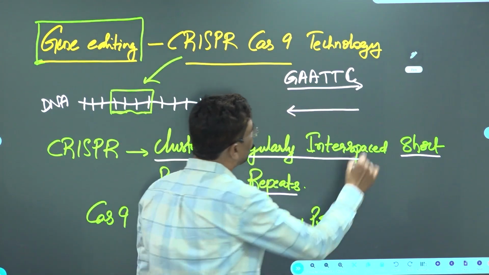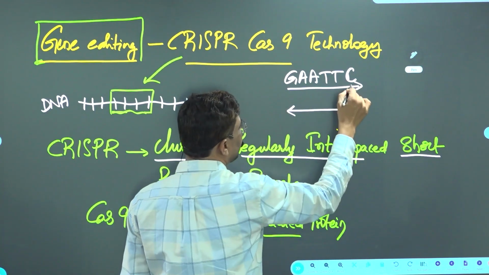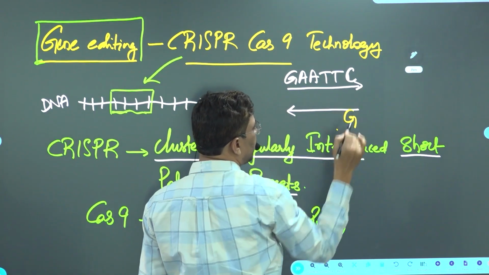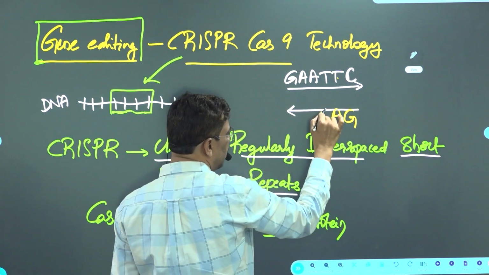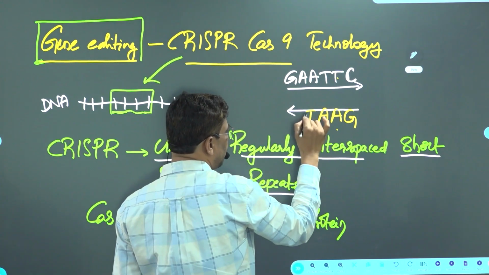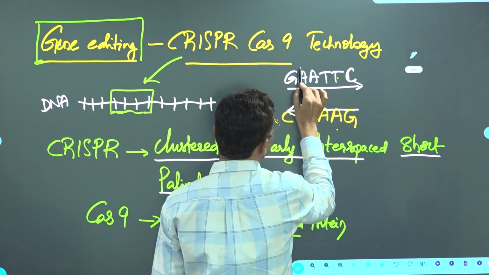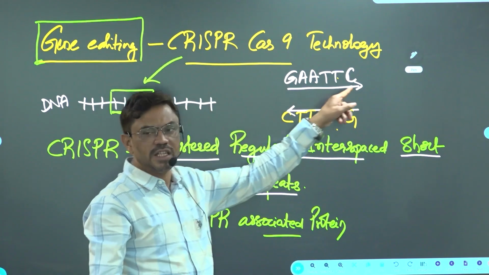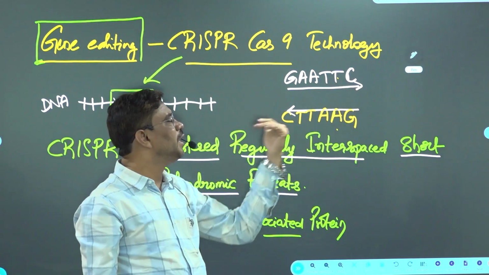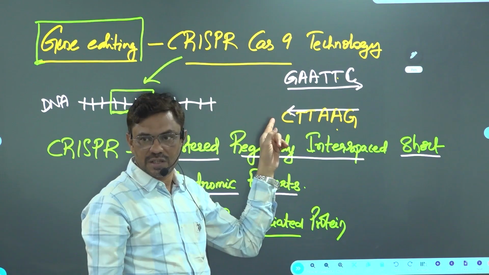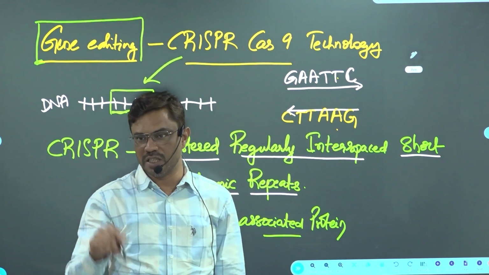If you read it in the backward direction, complementarily, C complementary is G, T complementary A, A complementary T, G complementary C. Got it? If you read it in forward direction, GAATTC. Complementarily, in backward direction, same GAATTC. And these types of sequences are called palindromic repeats, palindromic sequences.